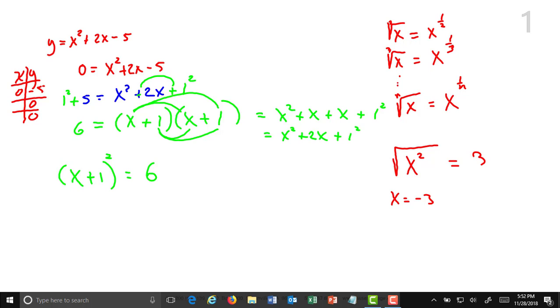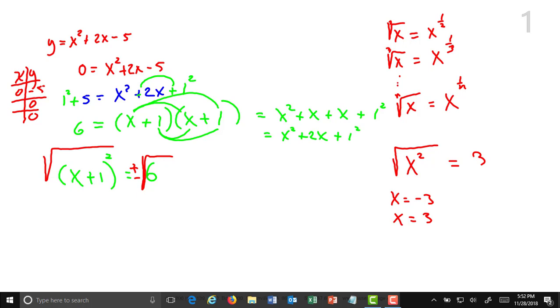So what I'm trying to tell you is anytime you square root this, then you have to square root this, but there will always be 2 solutions, plus minus. Right? Because I told you an example over here: x equals 3 and x equals minus 3. Now, what does this mean here?